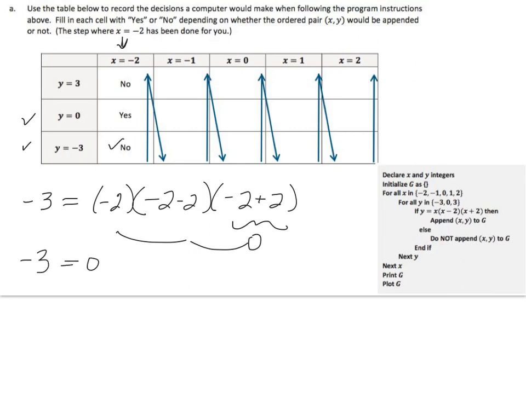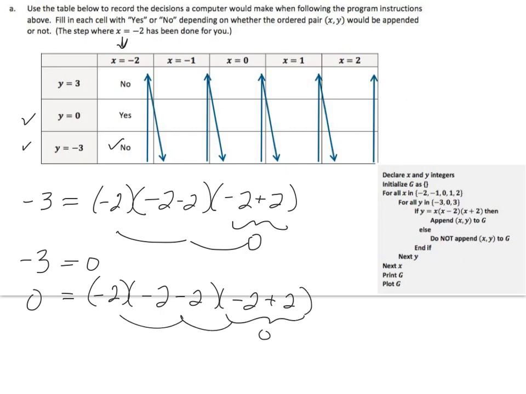So that is definitely a no. And if I test 0 for the same right side, again, this gives me a 0, which wipes out everything, so I have 0 equals 0, which is why that is a yes.